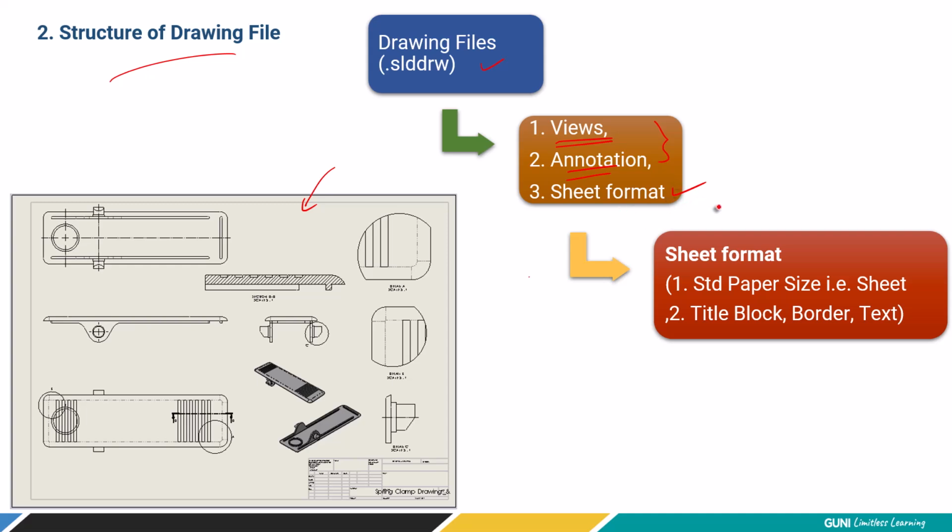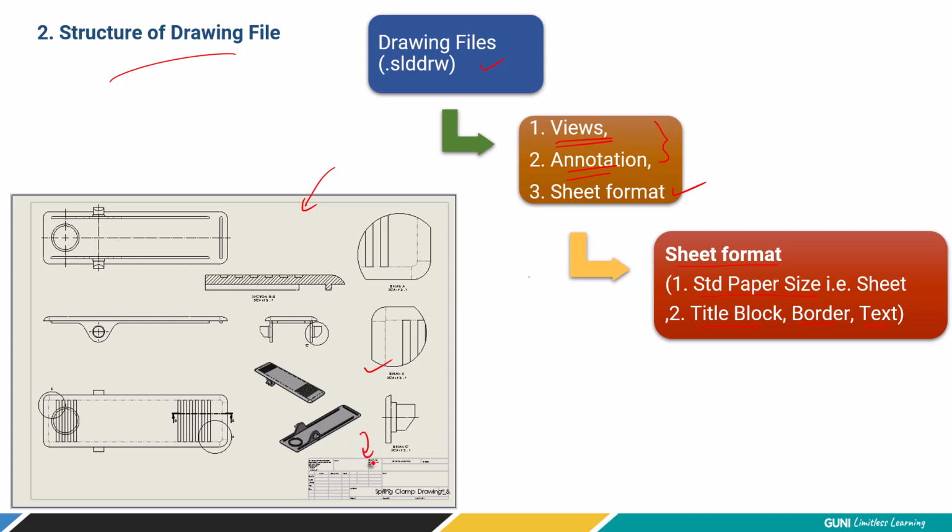Now what is this sheet format? If you go in detail, sheet format is simply made up of standard paper size, or we call it standard sheet, like ISO A4, ISO A3, ANSI B, ANSI A. These are the standard sizes of sheet. Also, the drawing has a title block, border and text inside it.